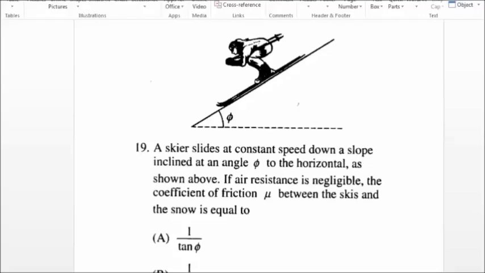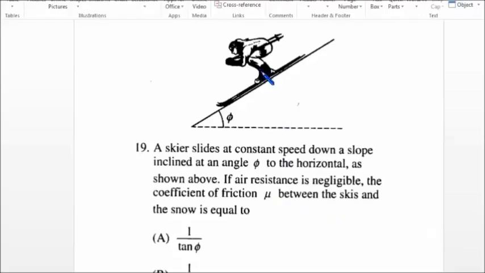So, if the skier is moving with constant speed, that means the force of friction and the component of gravity along the plane are equal. The force of friction is given by the coefficient of friction mu multiplied by the normal force.